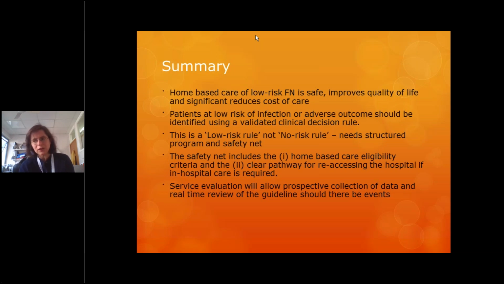So this is an additional layer to risk stratify. The eligibility criteria for early discharge are very similar to the modified Alexander rule that we used. So I would say this introduces one extra layer of stratification. It's definitely new.